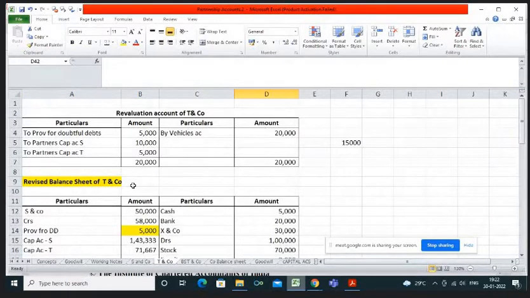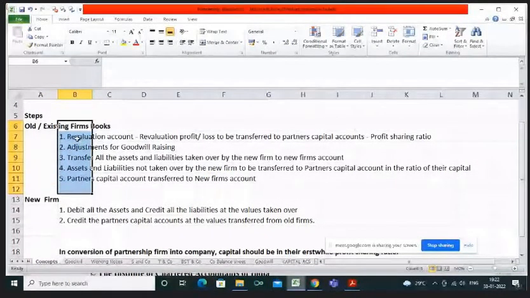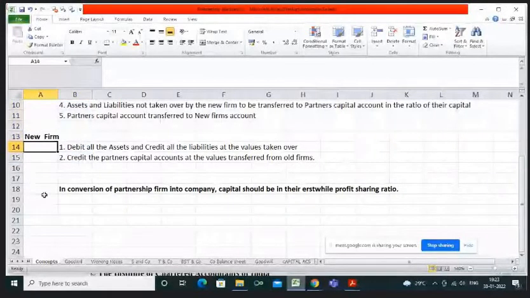But in this particular question, what they have asked is that we have to open the books of the new firm. So we have completed these steps for both the existing firms. Now we should move on to the opening of the books of the new firm.